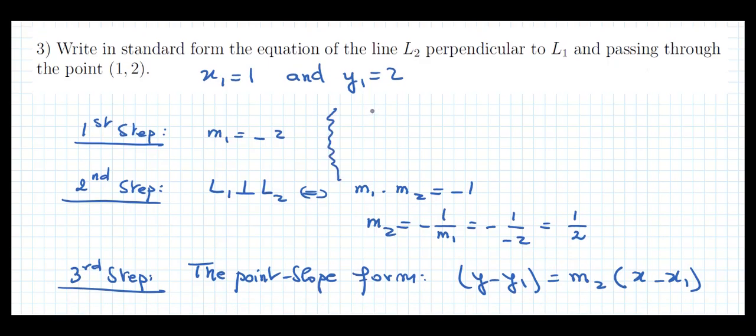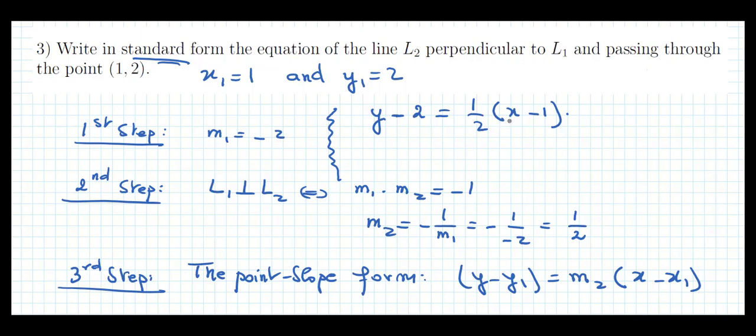Now I think that everything is ready to find the equation of the line L2. We have y minus y1, which is 2, equals m2, which is 1/2, times (x minus 1). But of course we don't have to stop here, because we are asked for the standard form of this equation.